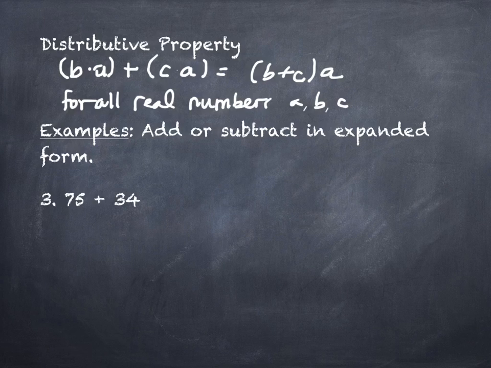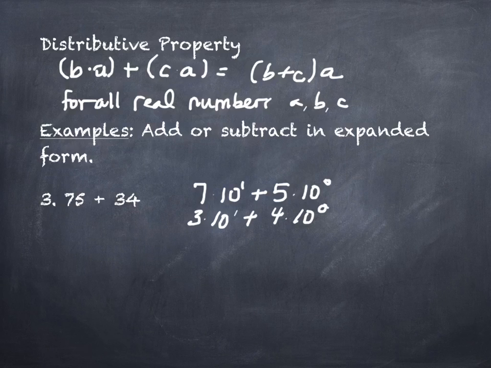So we're going to take 75 and 34. In expanded form, 75 is 7 times 10 to the first, and 5 times 10 to the 0. And 34 is 3 times 10 to the first, and 4 times 10 to the 0. In reality, we're saying that we can add these together.